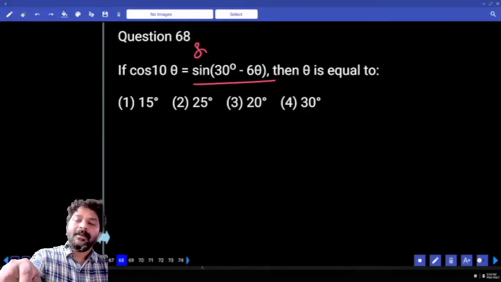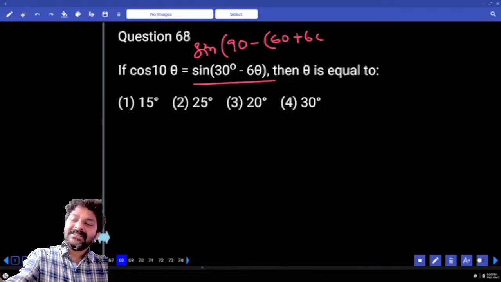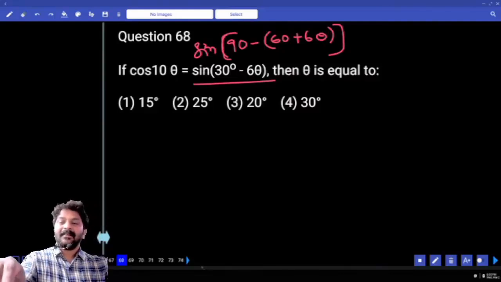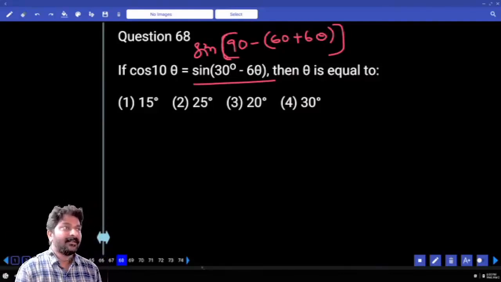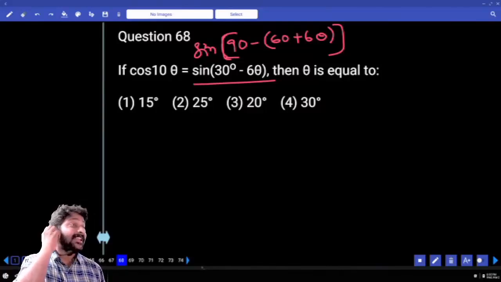Right, come on. We'll write it as sin 90 minus 60 plus 6 theta. Concentrate on the number inside the square bracket. If you simplify that, will you get 30 minus 6 theta or not? So sin 90 minus theta is equal to cos theta.